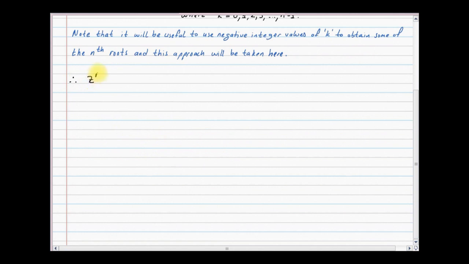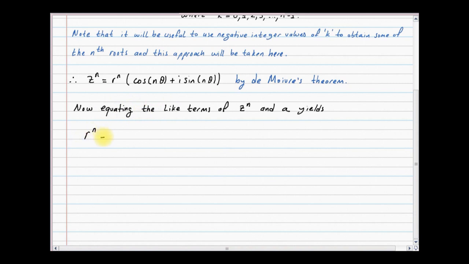z to the power of n equals r to the power of n times (cosine of n theta plus i sine of n theta). This is by De Moivre's theorem. Now, equating the terms of z to the power of n and a will give us r to the power of n equals s, and n times theta equals phi plus 2 pi k.